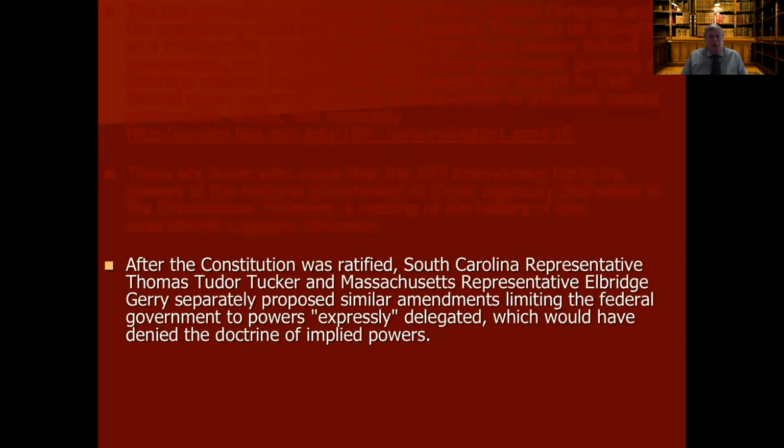After the Constitution was ratified, but before we had a Bill of Rights, South Carolina Representative Thomas Tudor Tucker and Massachusetts Representative Elbridge Gerry separately proposed similar amendments limiting the federal government to powers expressly delegated, which would have denied the doctrine of implied powers.